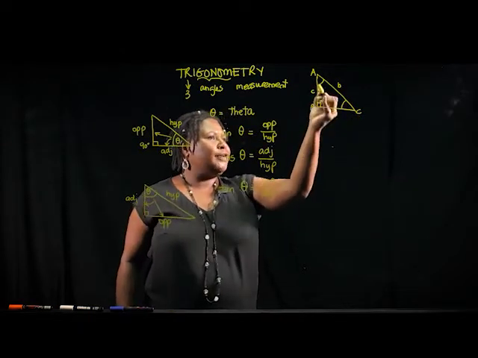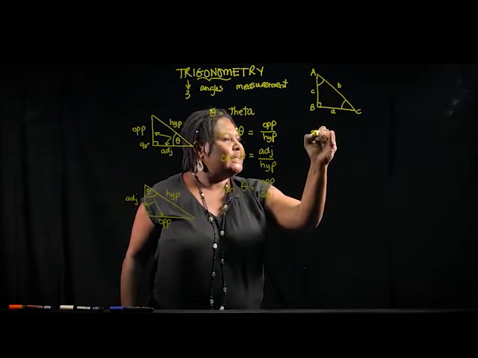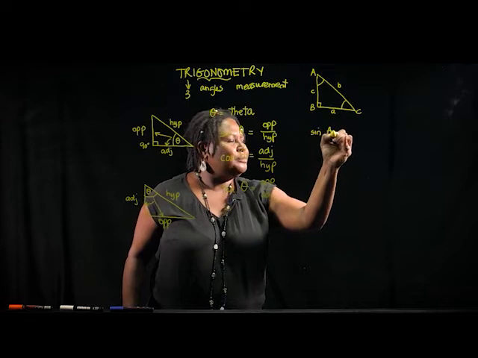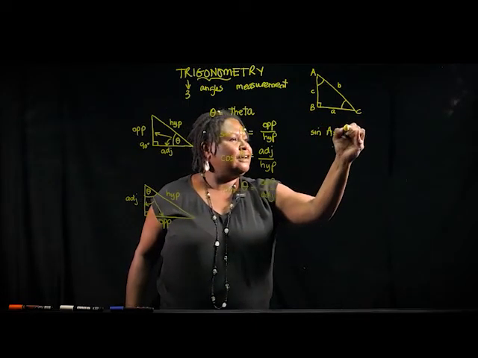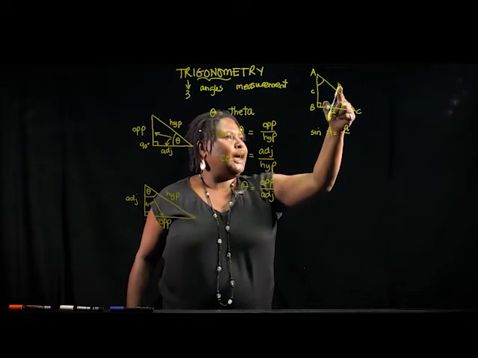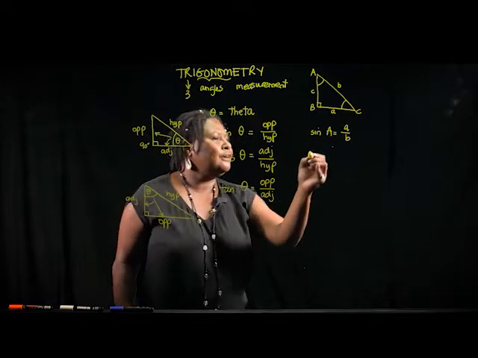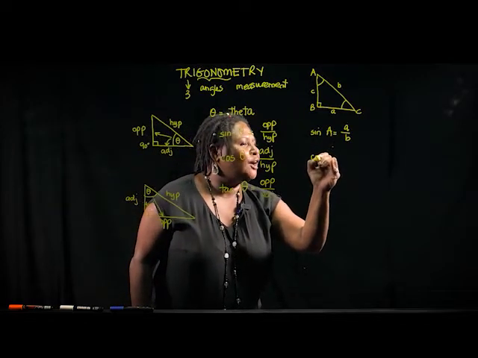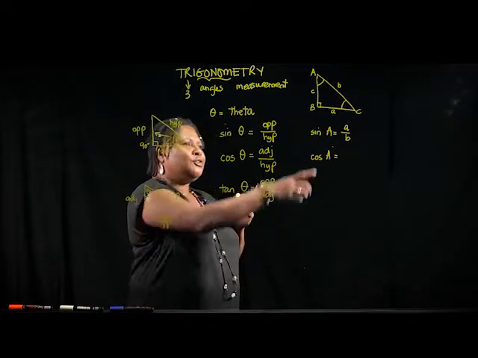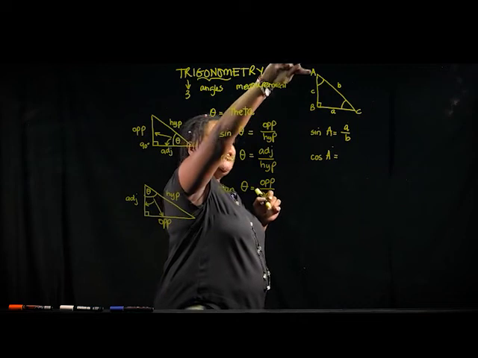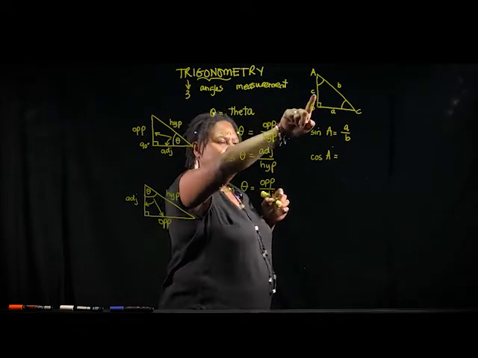So if I were to find sine of this angle, it would be sine A equal to opposite, which is a, over hypotenuse, which is b. If I were to find the cosine ratio, cos A, go back to your diagram, angle A is here, the side adjacent to A is c.